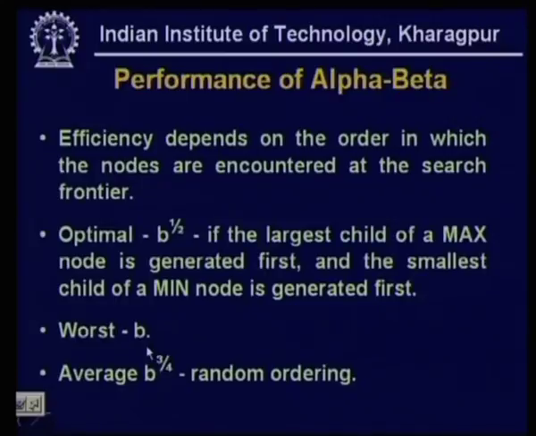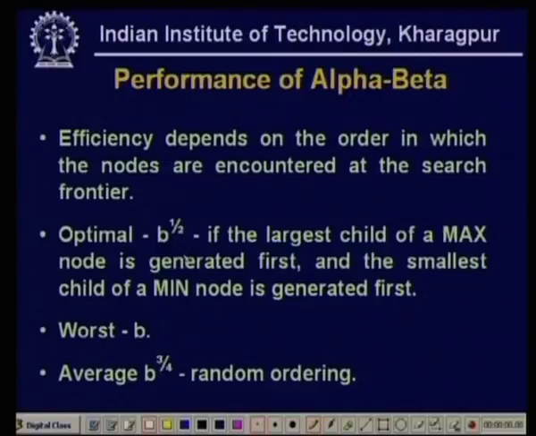But if we use the static evaluation function of the children to decide the order in which the children are expanded, we can expect for a good evaluation function that alpha beta pruning will expand fewer nodes and prune more nodes. So, the efficiency of alpha beta depends on the order in which the nodes are encountered at the search frontier. The optimal number of nodes expanded is order b to the power d by 2.